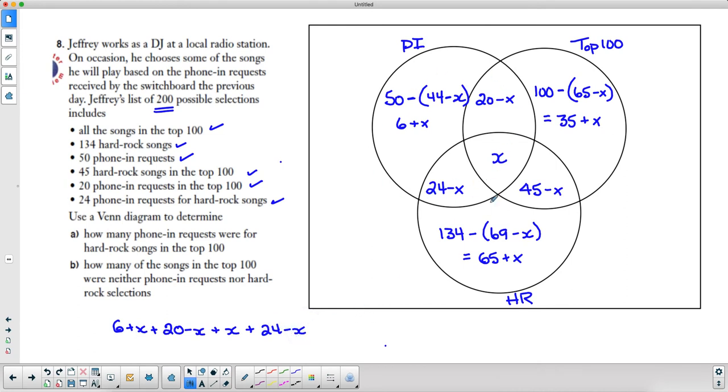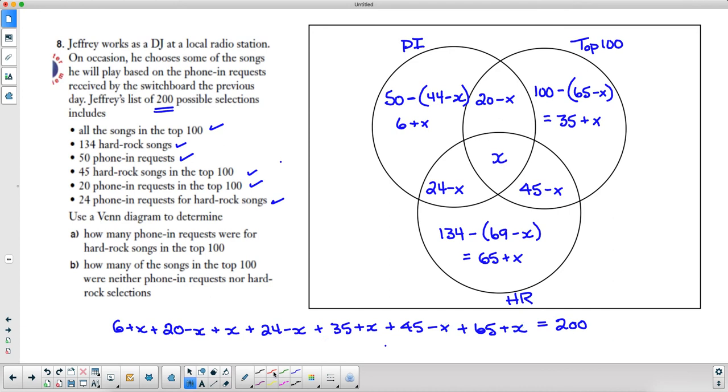So I've got this whole circle now. So plus 35 plus x plus 45 minus x, and then plus 65 plus x, and that has to equal 200.